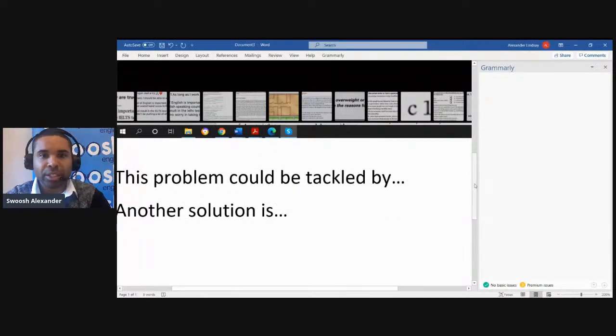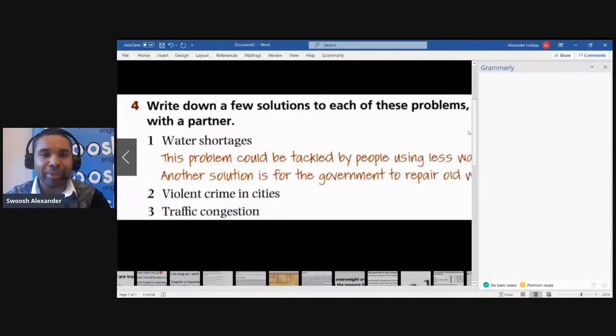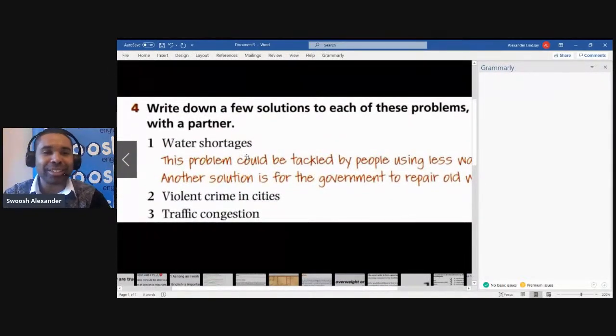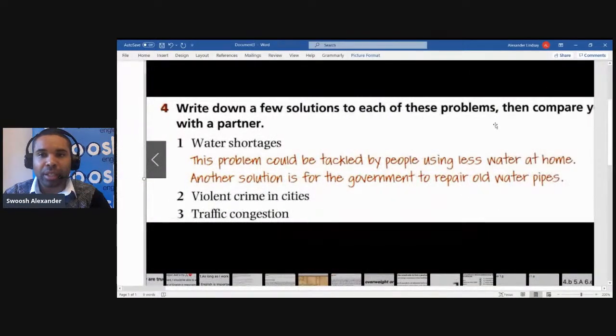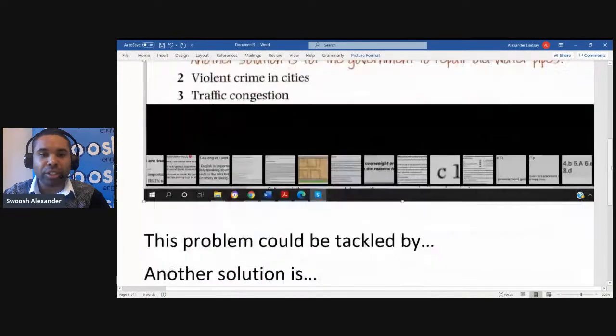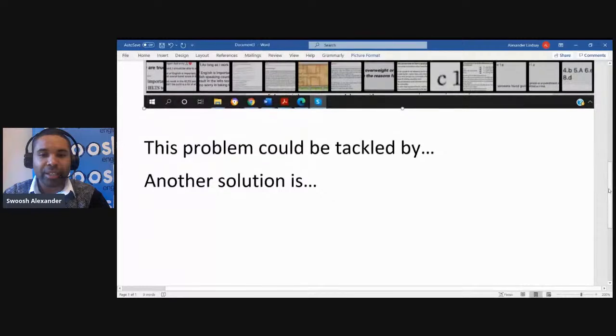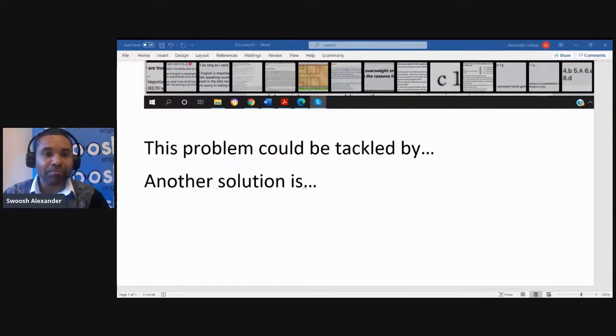Okay, so that certainly makes it a bit bigger for you. So just so you can see the top bit there, just in case any of it was not clear, this is what we have, the two example sentences, and just underneath it the beginnings of those sentences, which we can repeat when we are writing our solutions sentences.